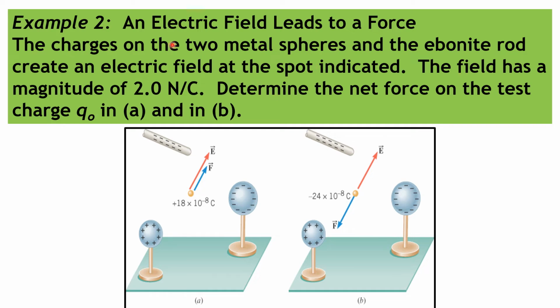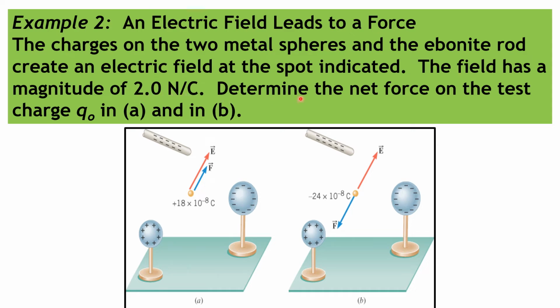All right, so for our quantitative problem solving, it's now our example 2, which talks about an electric field leading to a force. The charges on the two metal spheres and the ebonite rod create an electric field at the spot indicated. The situation is similar to what we have just discussed earlier. The field has a magnitude of 2.0 Newton per Coulomb.